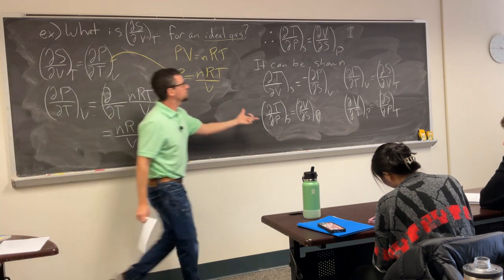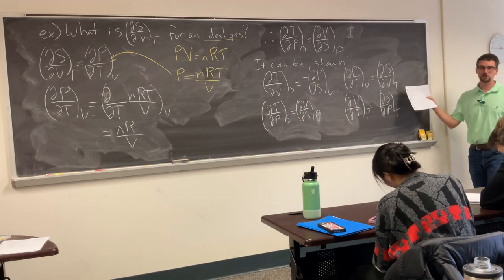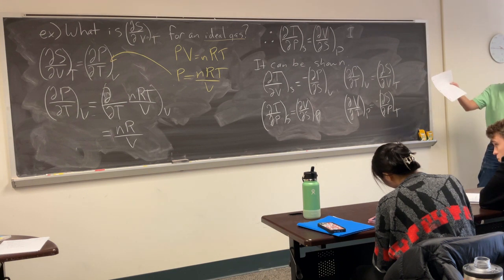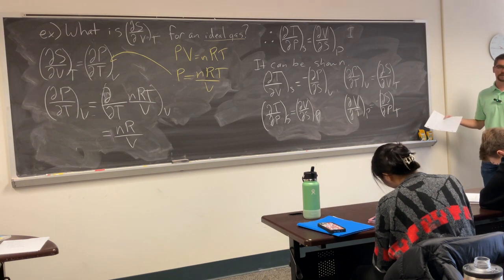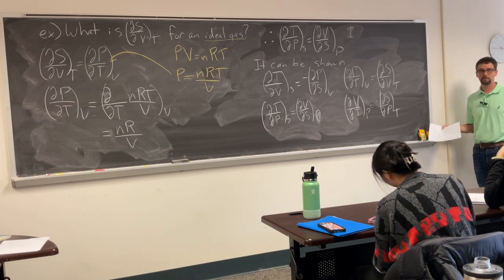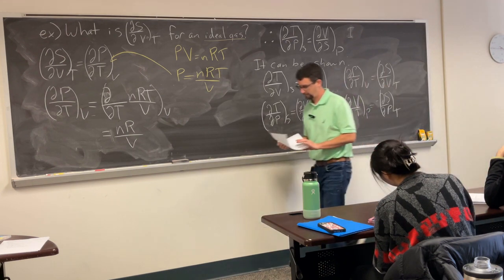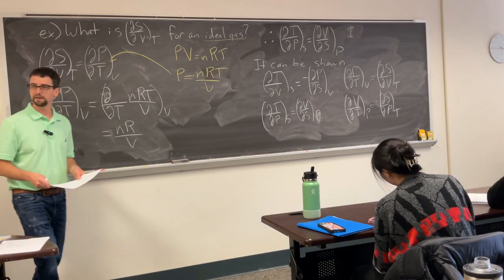So a lot of times you can use these tricks, these relationships, to move your differential to something that's way easier to solve. Does that make sense? Okay. Any questions about that?